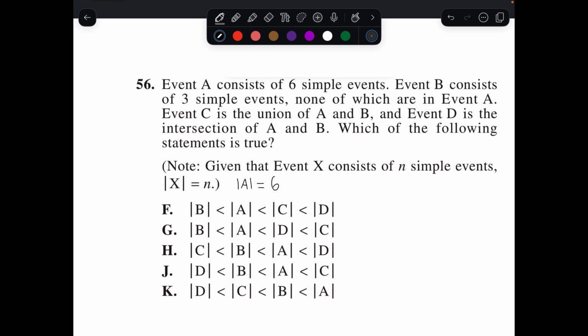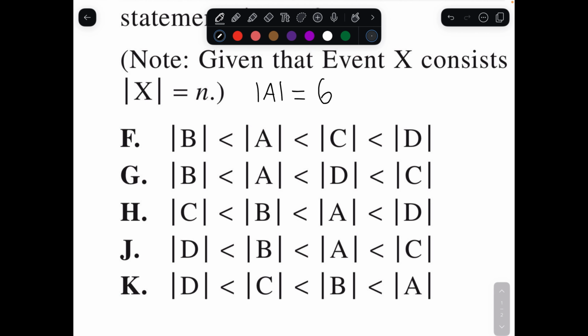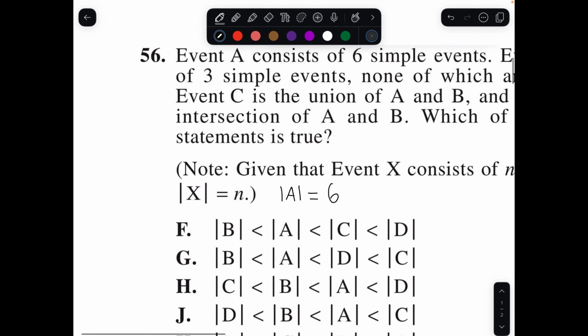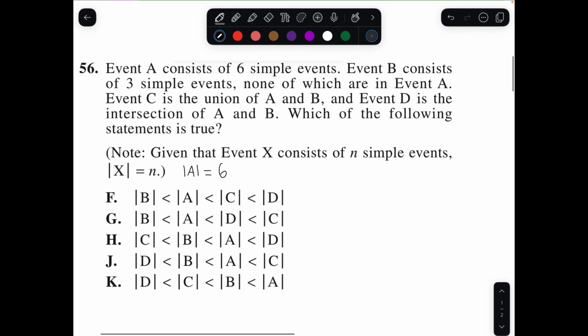Okay. Now it basically wants us to put the events in increasing order for the number of simple events each of them have, right? So we need to know for this problem what intersection and union mean.